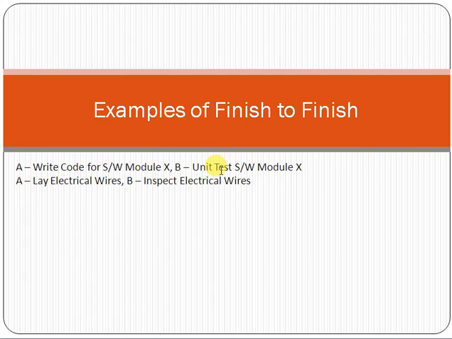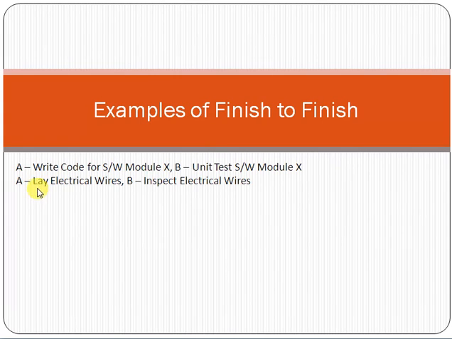So unit testing cannot finish unless writing the code of the software module finishes. Unit testing has a finish to finish relationship with activity A of writing code. If the writing of code continues, the unit testing will also continue. Once the writing of code finishes, only then the unit testing will also finish. This is called the concept of finish to finish.